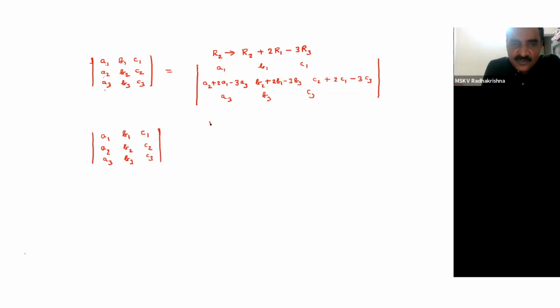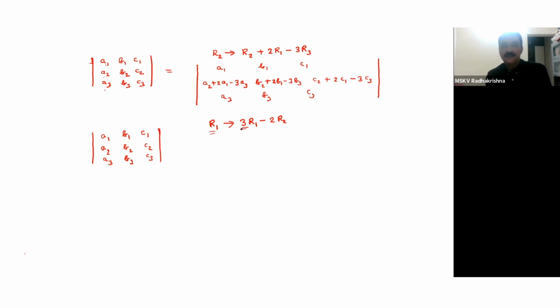Suppose I want to change the first row R1 like this. R1 changes to 3 times R1 minus 2 times R2. Can I do that? No. When you are changing R1, you should not multiply R1 by any number. Remember this point.